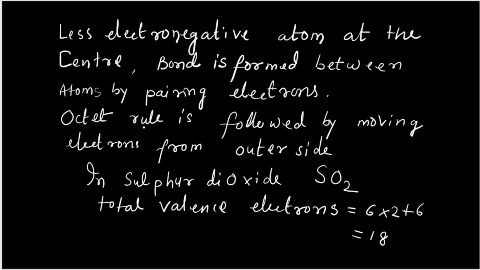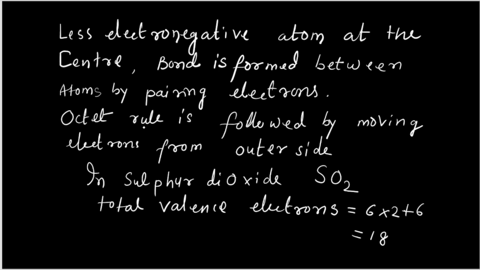The octet rule is followed by moving electrons. Then how will we see whether the octet rule is followed or not? You see how many electrons are moving from the outer side to the inner side, toward the less electronegative atom, so that you should show the octet rule, that is 8 electrons in the outermost shell.